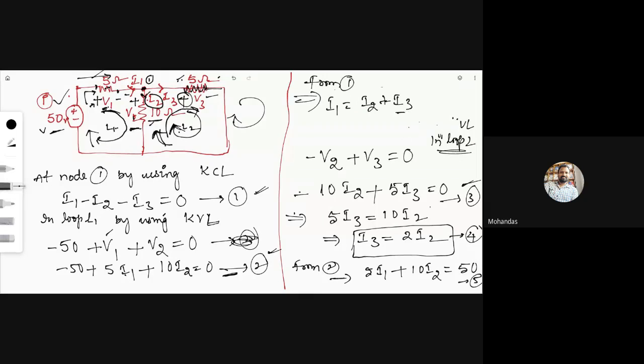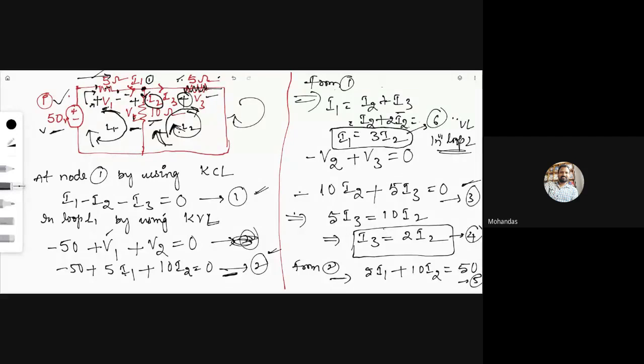What is the I3 value from 4? I2 plus 2 into I2, which is equal to 3 into I2. I1 equal to how much? 3 into I2. Okay? So let us say this is equation number 6.